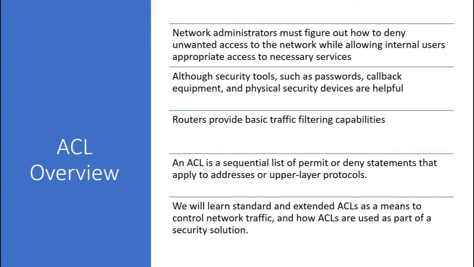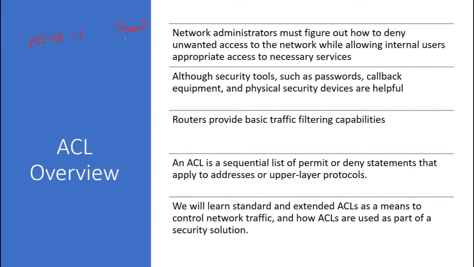So an ACL is a sequential list of permit or deny statements, right? Let's suppose your IP address is 192.168.1.1. It creates a list and says that if it is 192.168.1.1, please permit it.